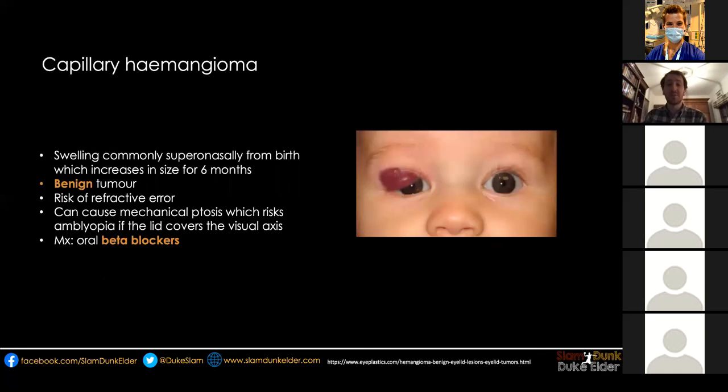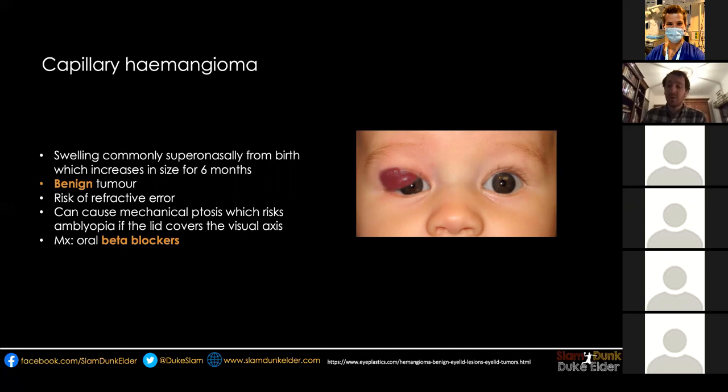Okay, so a benign tumor, it's normally superior nasally. This picture's not the norm, but it essentially grows within the first 6 months of life, and it's described as a strawberry birthmark, but it can cause problems in two ways.